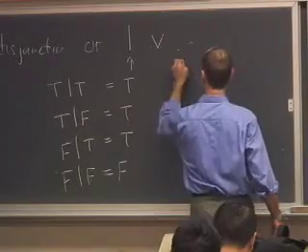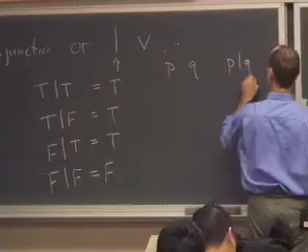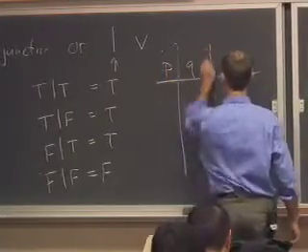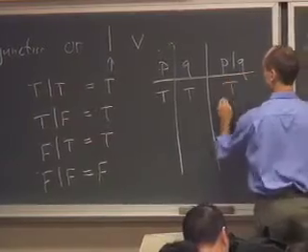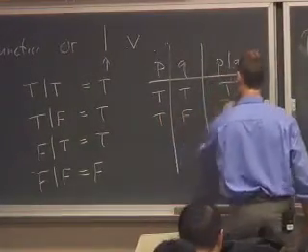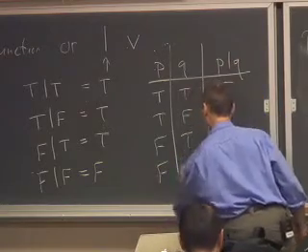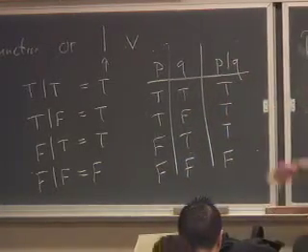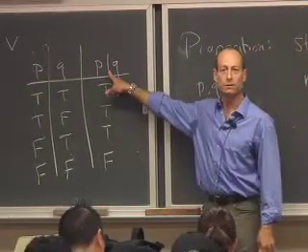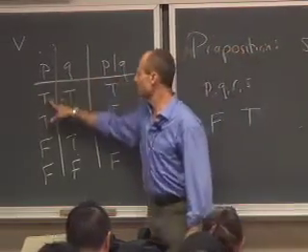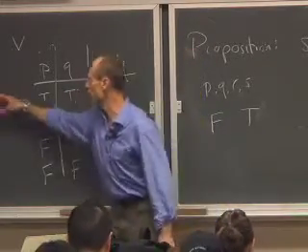So P, Q, P or Q. If P is true and Q is true, then P or Q is true. True, false, true. False, true, true. False, false, false. So there's a truth table for the logical operation or. When P takes the value true and Q takes the value true, P or Q, that's true or true, takes the value true.